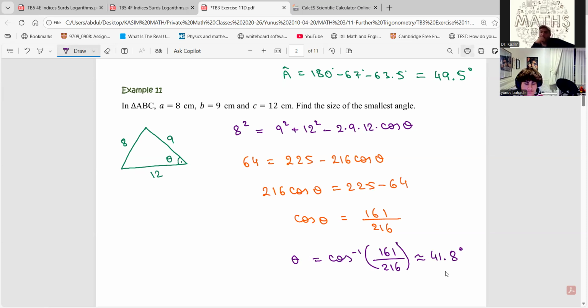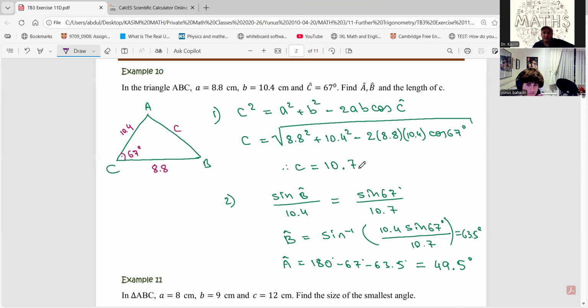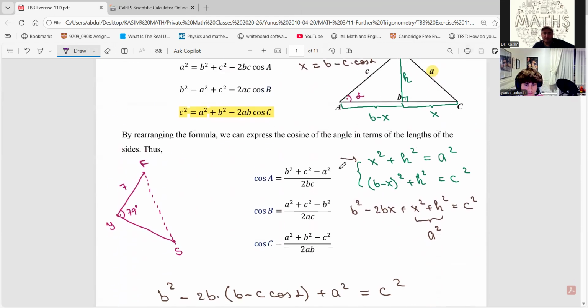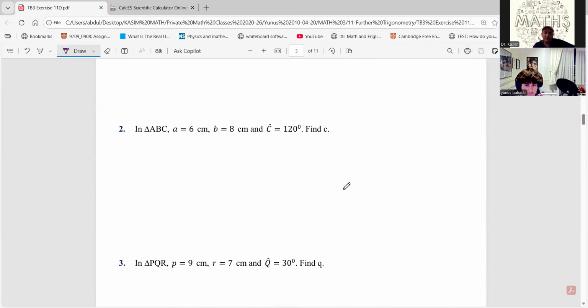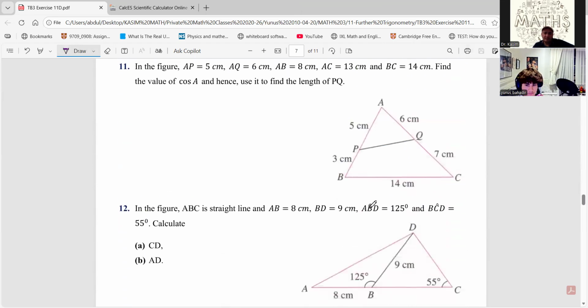Okay, good. Now, Yunus, I'm going to ask him one question. We'll finish the class. If he can solve, it will be great. Now that's it. You're just applying this formula, okay? And maybe your other skills, algebraic manipulation skill.